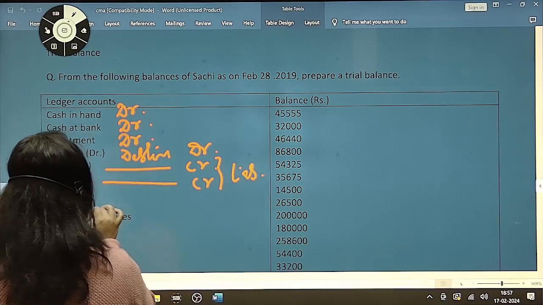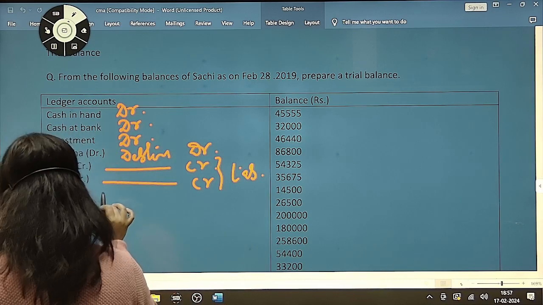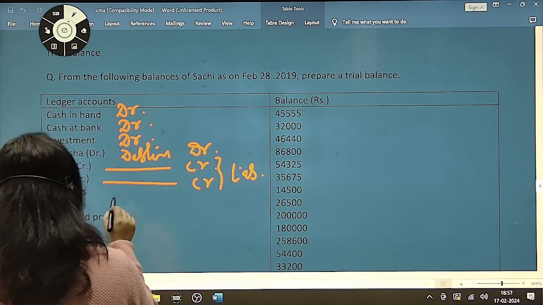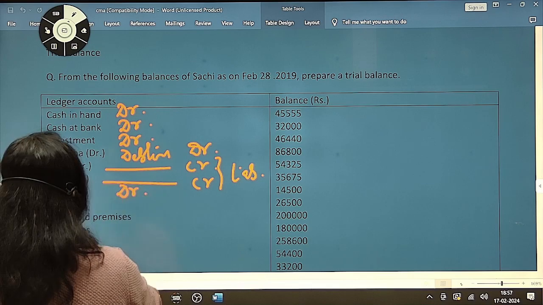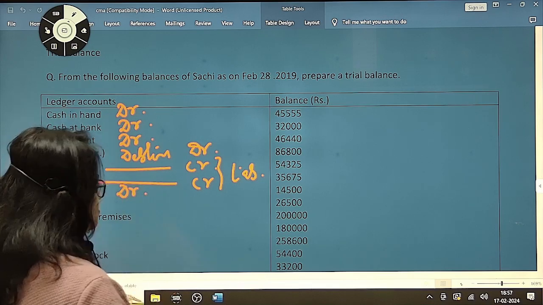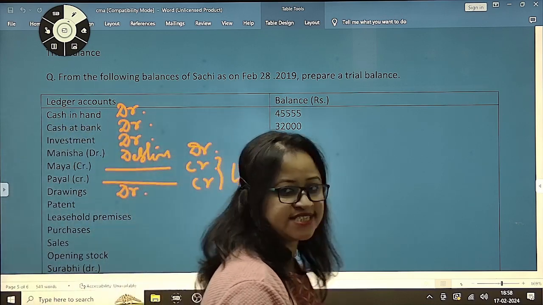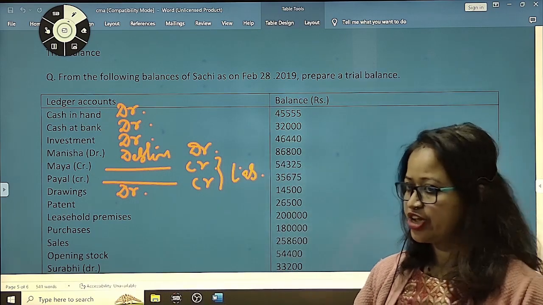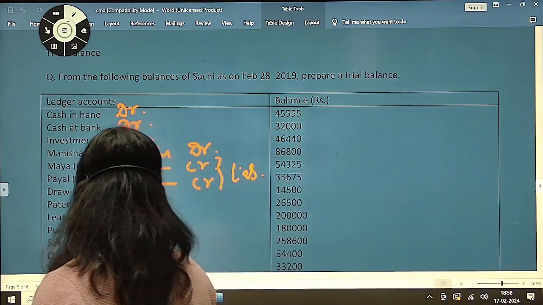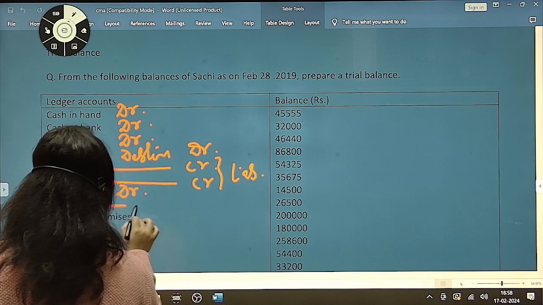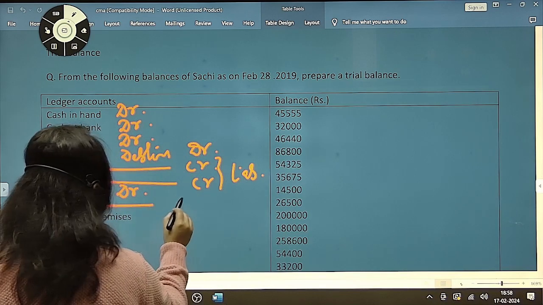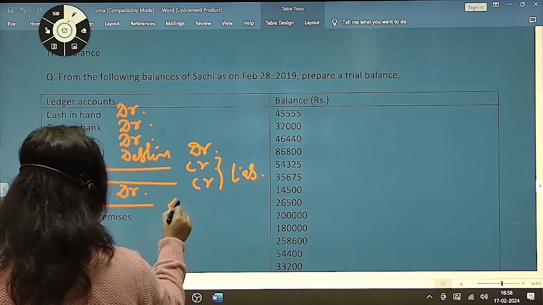Okay. Drawings. Tell me about drawings. Ma'am, debit. Debit, yes. Drawing is the amount of money or the goods that is withdrawn by the proprietor. Okay, so that is debit. Patent. Patent is an asset. Then it will be debit, yes.